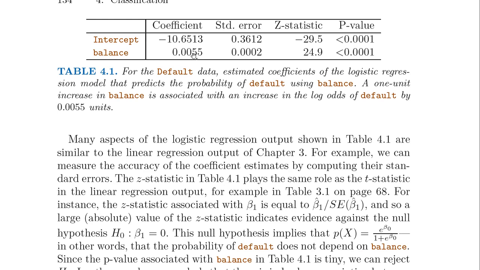Me telling you this is small, I hope that your inner voice is challenging my statement as a nonsensical one. Although it might look small, that means nothing relative to your standard error. It actually gives you a Z statistic of 24.9. And Z is probably a normal distribution. We'll have a look.